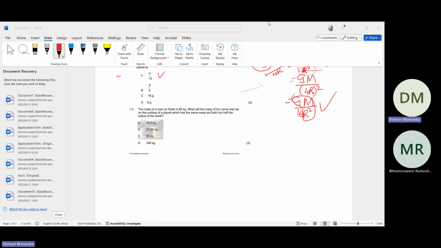Okay, the mass of the man on Earth was that. They said, what is the mass of the same man on the surface? You said the answer is C. No, I didn't say that.